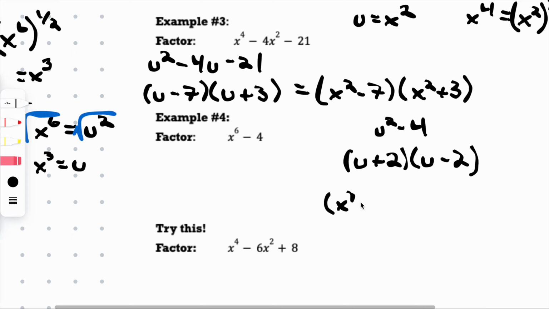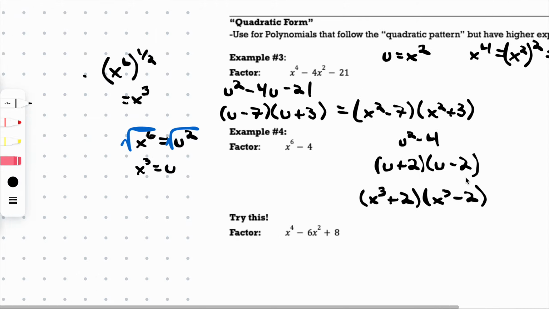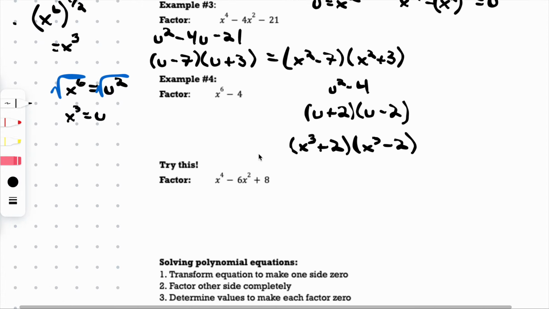So x to the 3rd plus 2, x to the 3rd minus 2. Great. Okay, so you can try this one by yourself.